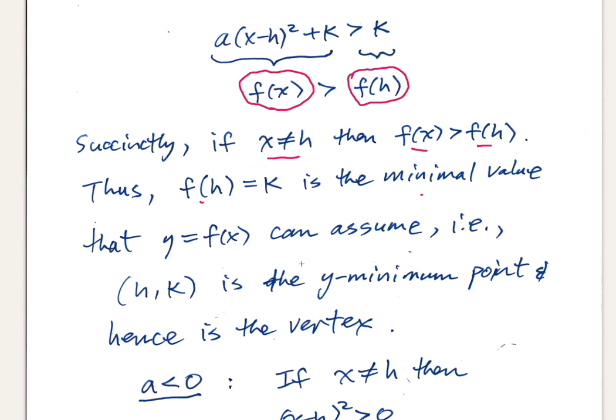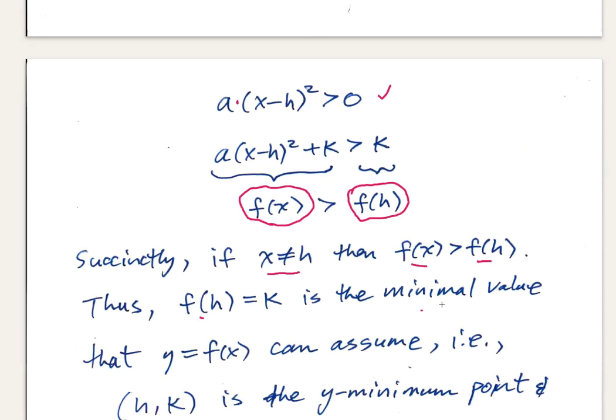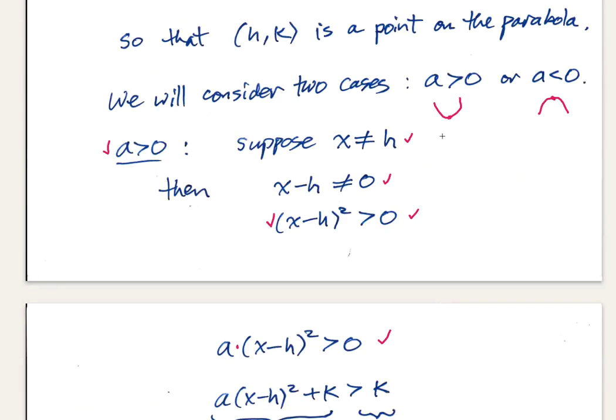So if that's a minimum value here, then hk is a y minimum point, but that would be the vertex. So we indeed showed that hk is the vertex in the case that the parabola is opening upwards, where it's smiling. That is the case where a is greater than 0.